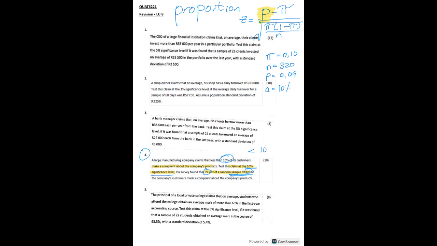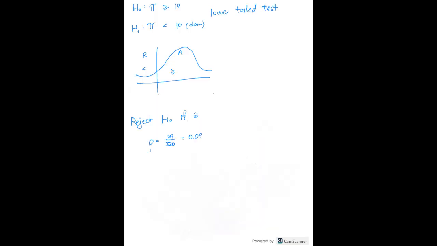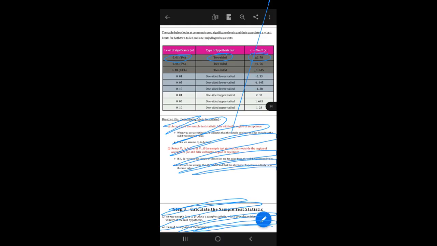So now we need to look at, and when it comes to the proportion, we are only ever using the table on page 225 of your textbook, the one that you need to learn. So you're going to look at a 10% level of significance, and this is a lower tailed test. So 10% and lower tailed, let's go to that table. I'm projecting it for you.